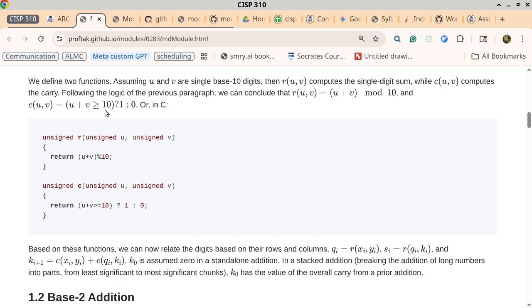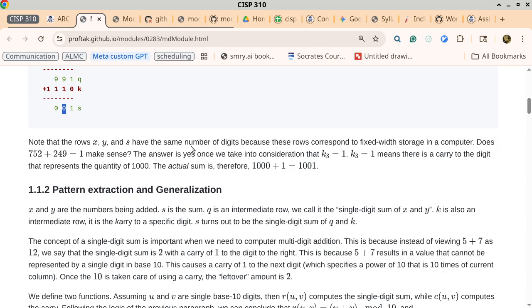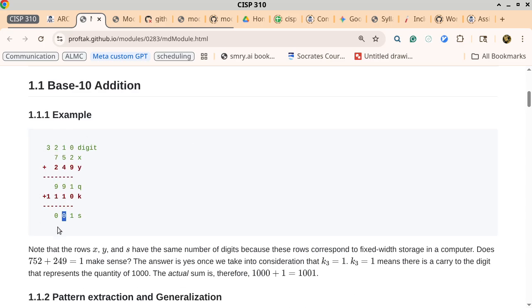So that's why I came up with the long way of writing a multi-digit base 10 addition, which is this part here. It is basically the same way that you have been doing base 10 multi-digit addition. It just spells things out in a much more explicit way. So with that structure, I name every single digit. This is x0, this is y1, this is q2, and so on and so forth.